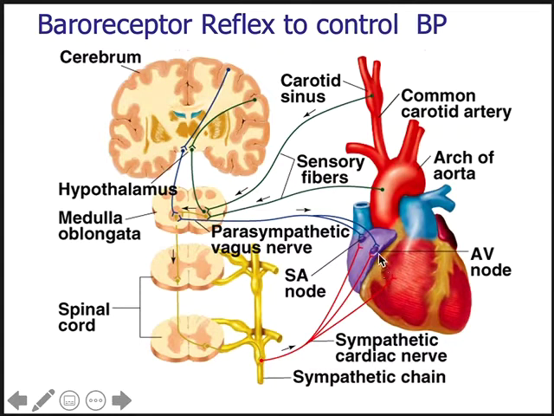Okay, so parasympathetic is stimulated to slow down the heart rate, and then the sympathetic in red here, the stimulation is going to be reduced. So a decrease in sympathetic stimulation, which also decreases the heart rate, but it also will decrease the stroke volume. And the third action is going to be to vasodilate.